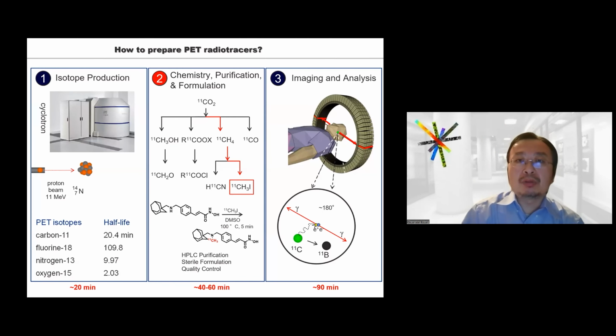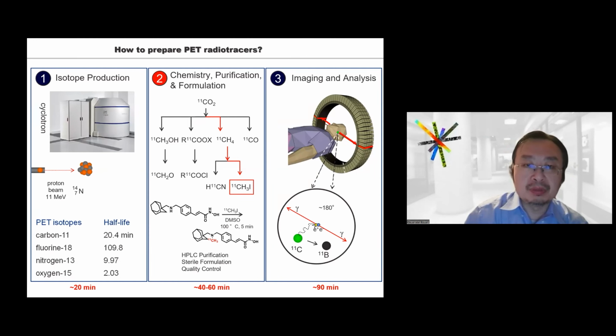So how do we prepare the radiotracer? For brain PET imaging we always use short half-life radioisotopes, for example C11, F18, N13, O15, all with very short half-lives. That means we have to use a cyclotron on site to generate such isotopes, then prepare the radiotracer and do the imaging in the same place.